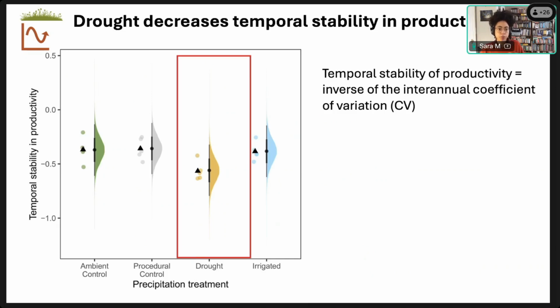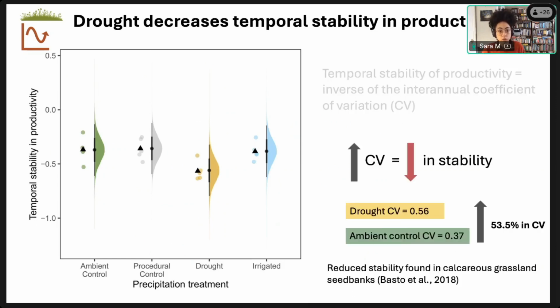In terms of temporal stability and productivity, with drought it was reduced. That was measured with the coefficient of variation. If you get a high number, it means you have a decrease in stability.